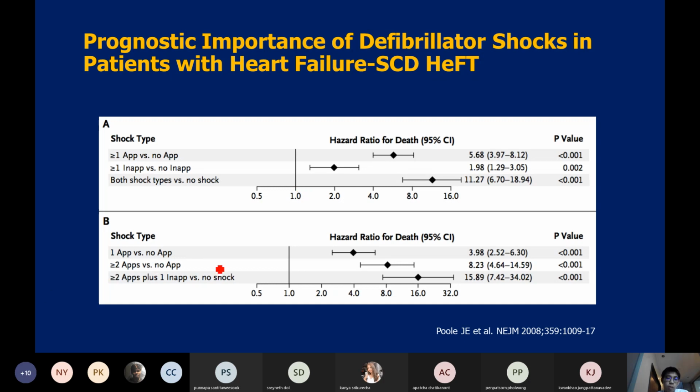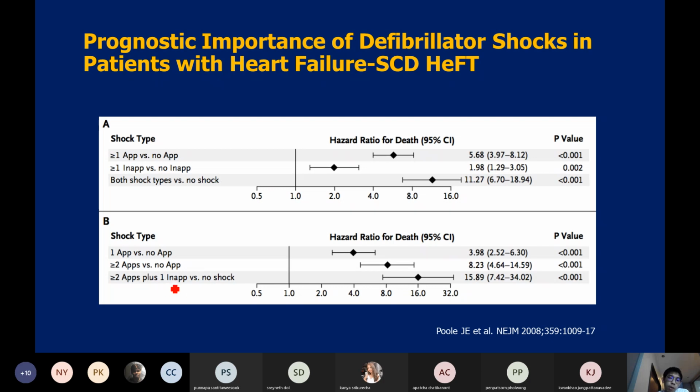Like you see in forest plot B, with 2 or more shocks, they have a higher mortality hazard ratio than with no shock. And if the patient has more shocks plus inappropriate shock, the patient has an even higher hazard ratio.